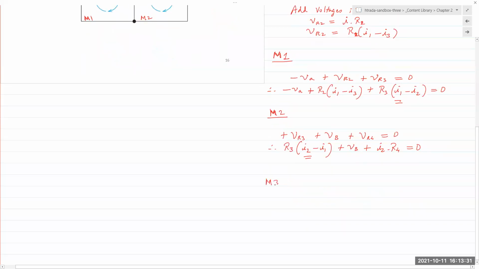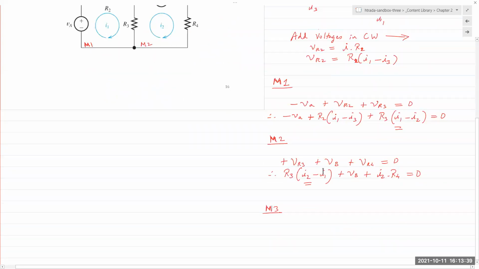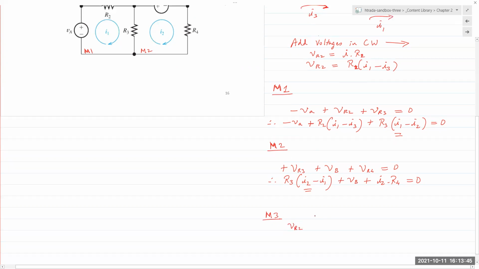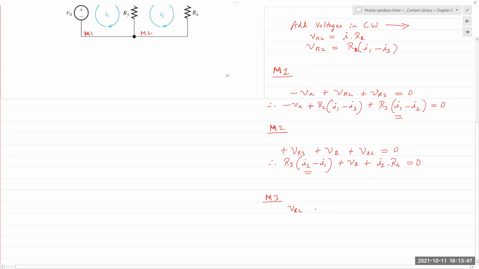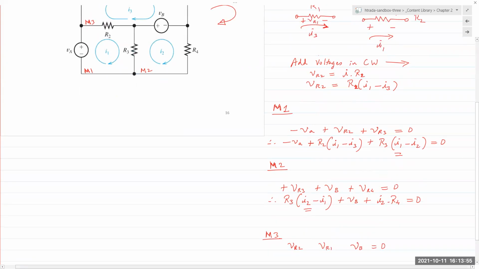So if I write out mesh 3, it is going to be, again, 3 voltages, R1, R2, and VB. I'm going to start from the bottom left corner again. So I would have VR2, VR1, and I have VB equal to 0. In this case, I'm going to have, again, positive for all, right?